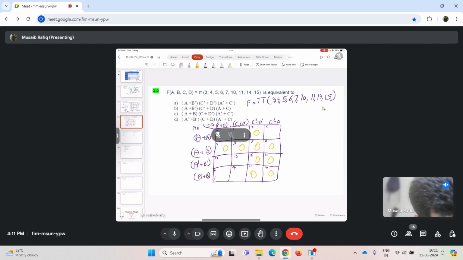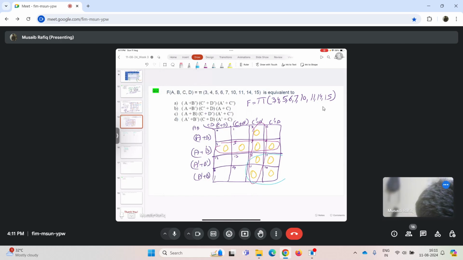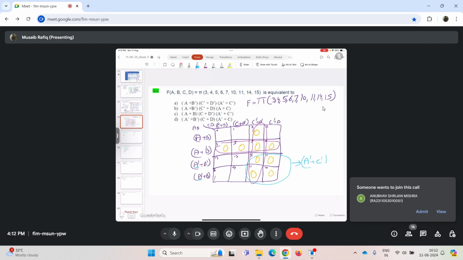Now I'll construct the groups for it. I don't see that I can make an octet, so I'll just construct groups. I have these two apparent groups, one is this and another one is this, and also I have this. The contribution from this will be A bar plus C bar, because A bar is not changing and C bar is not changing.